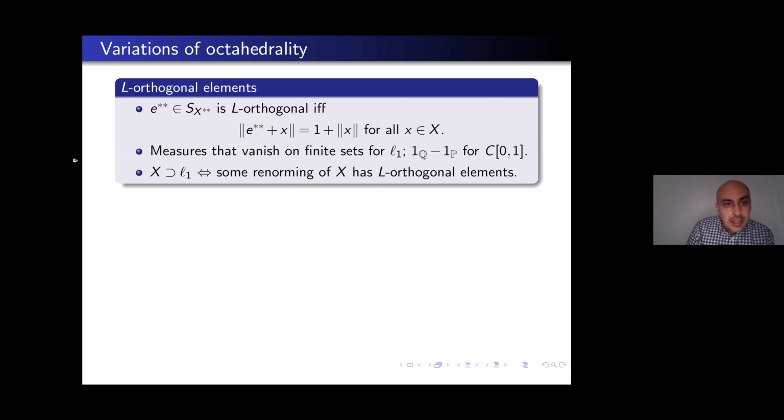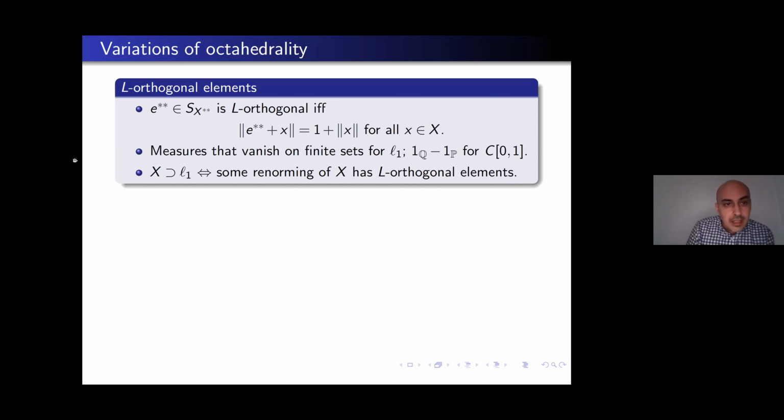Any time I get a continuous function and I start adding these functions, the norm will eventually increase by 1, because I will eventually get both 1s and -1s very close to where the maximum of the function is attained. Okay, so these are examples of L-orthogonal sequences.